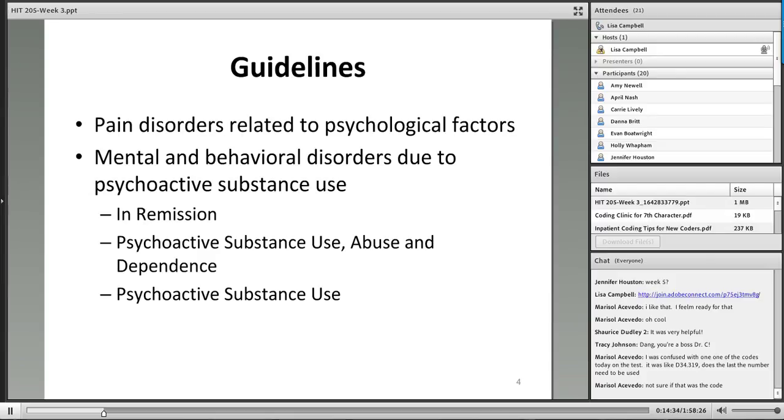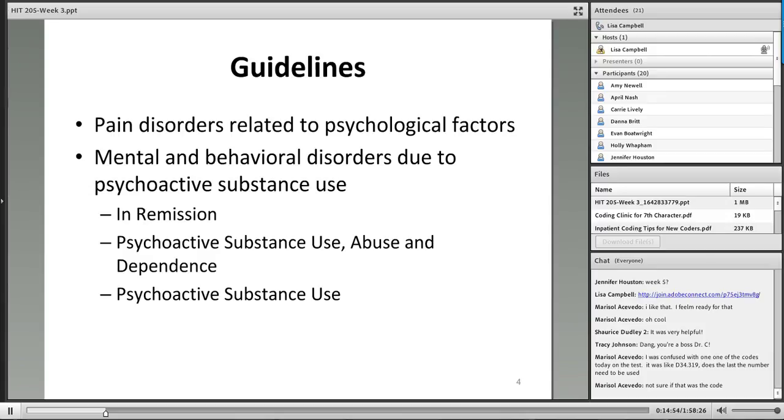Then it goes on to further say, as indicated by the excludes note under code G89, a code from category G89 should not be assigned with code F45.41.